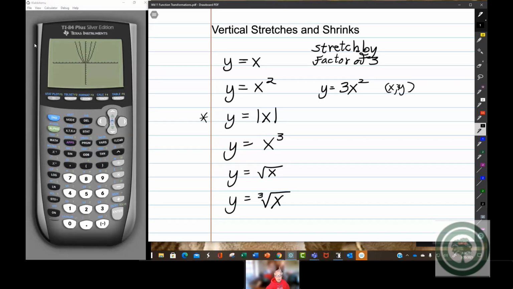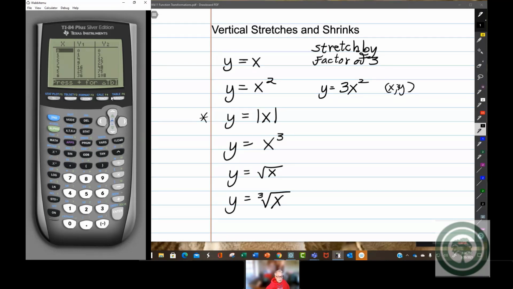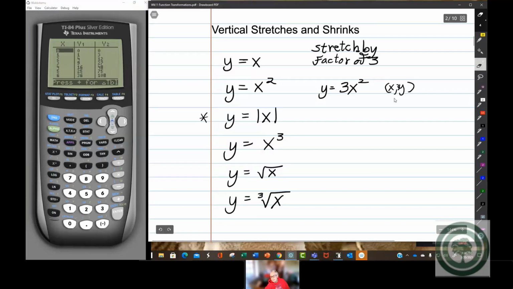Now, I can show you. If X equals 1, in the basic graph, we have the point 1, 1 right there. But in Y equals 3x squared, we have the point X equals 1, Y equals 3. So that would actually be the difference.